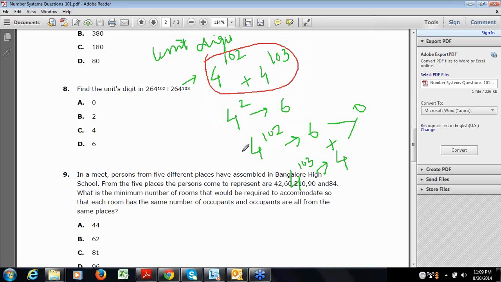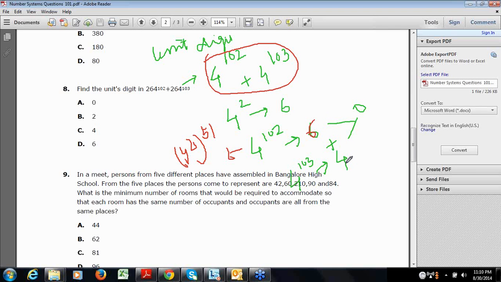So 4 to the power 102 will be what? 4 square to the power 51. So it will give a unit digit of what? 6. 4 to the power 103 will give what? Unit digit of 4 into 6, 24. 24 unit digit is 4.